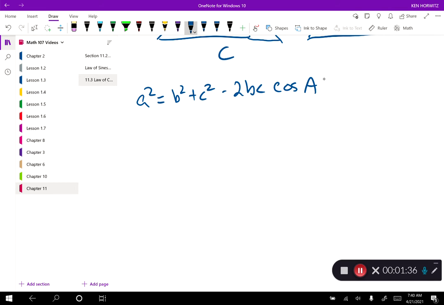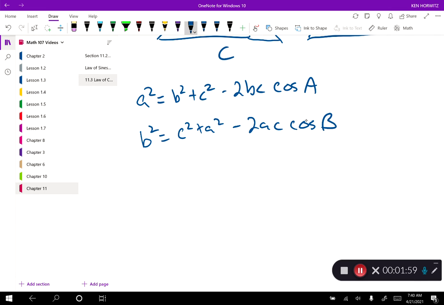Now, depending on what information you have or what you're looking for, the same formula could take different forms. So let's say I'm looking for side B.